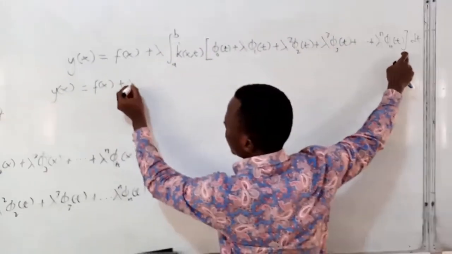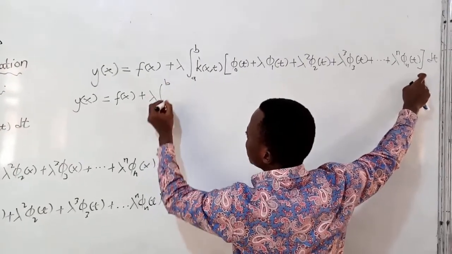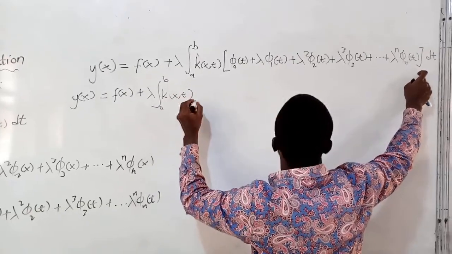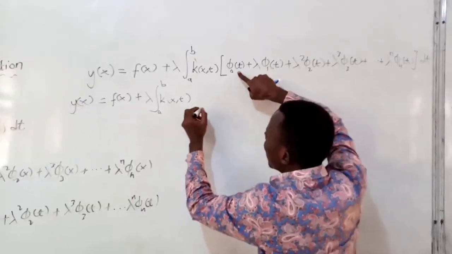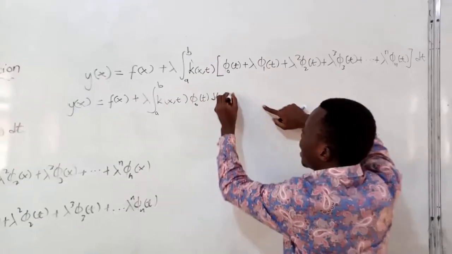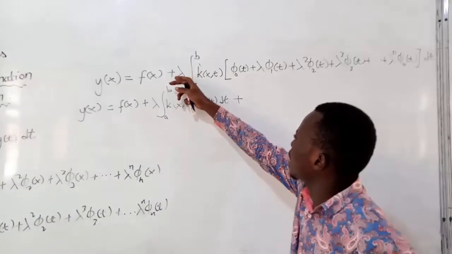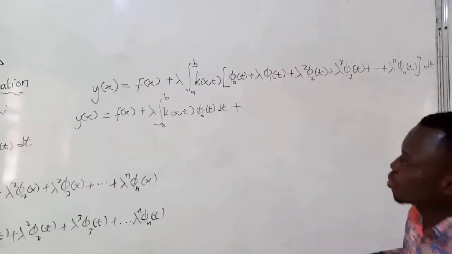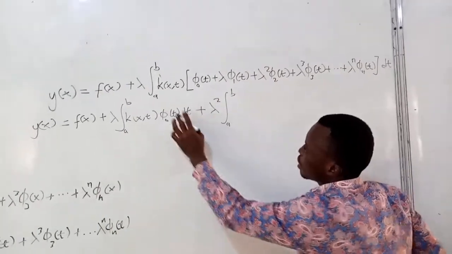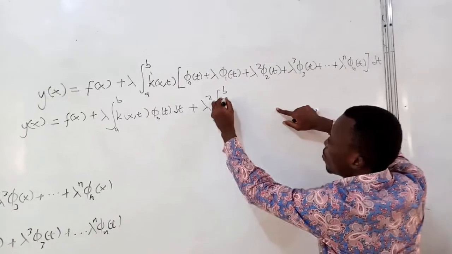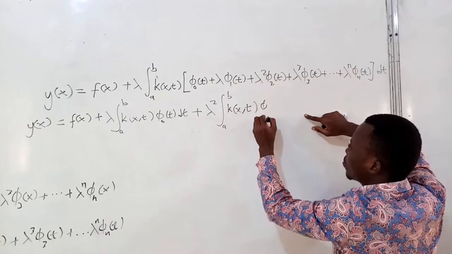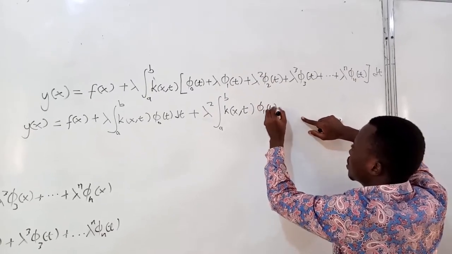So we're going to have lambda integral from a to b, K of s,t, phi naught of t dt, plus this lambda times this lambda will give me lambda squared. So I'm having lambda squared integral from a to b, the kernel K of s,t, phi 1 of t, then dt.